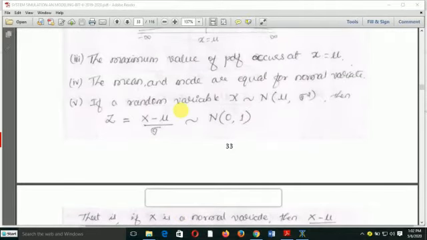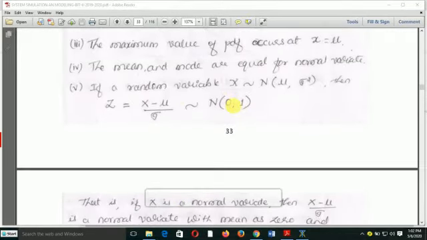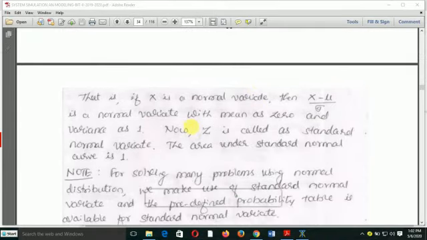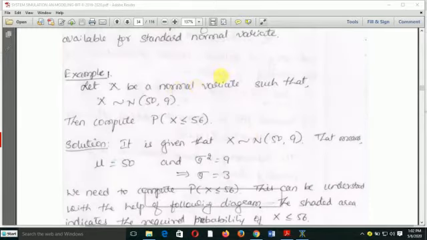According to the formula, this will be N(0, 1). Here the mean is 50 and the variance is 9.